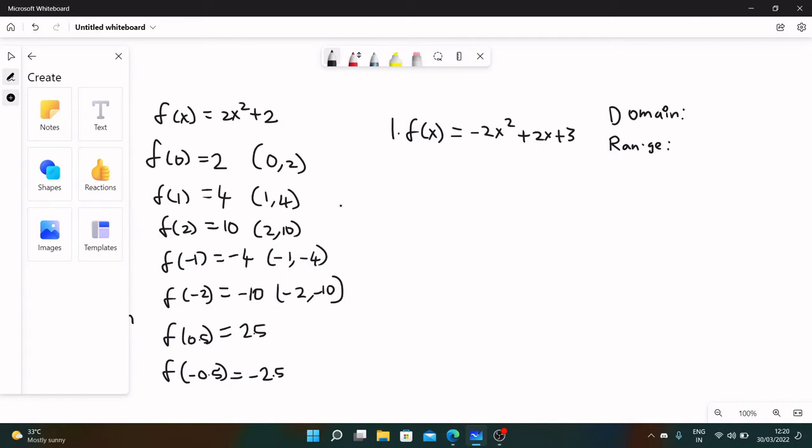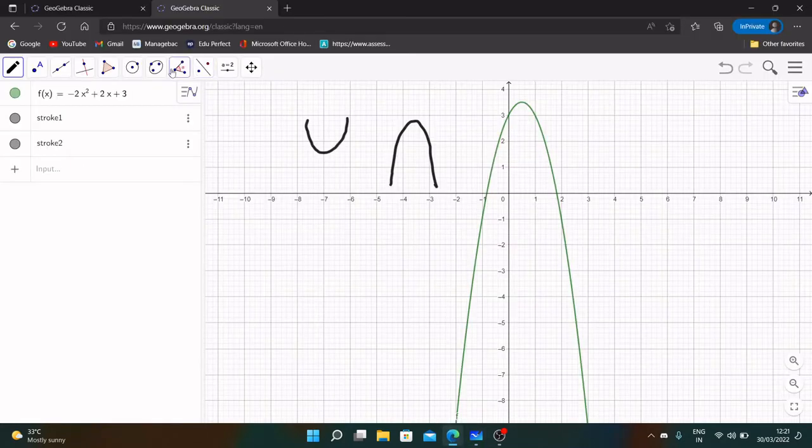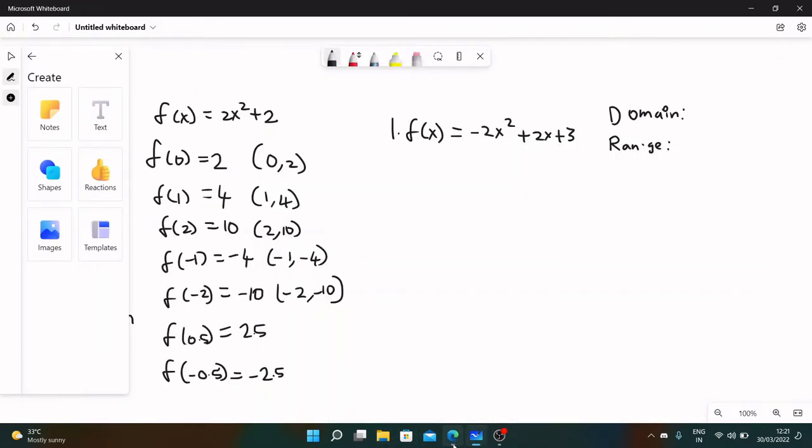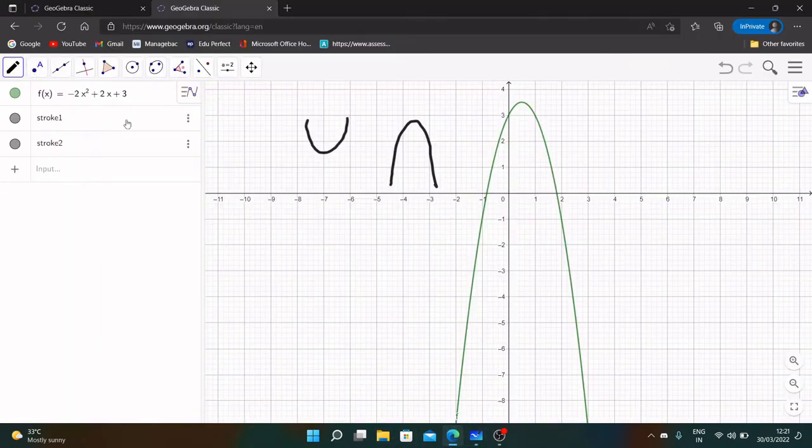So let's not try to find it on our own. Let's just go to a graph, plot this out and see what it gives us. Minus 2x squared plus 2x plus 3. We already have this over here.